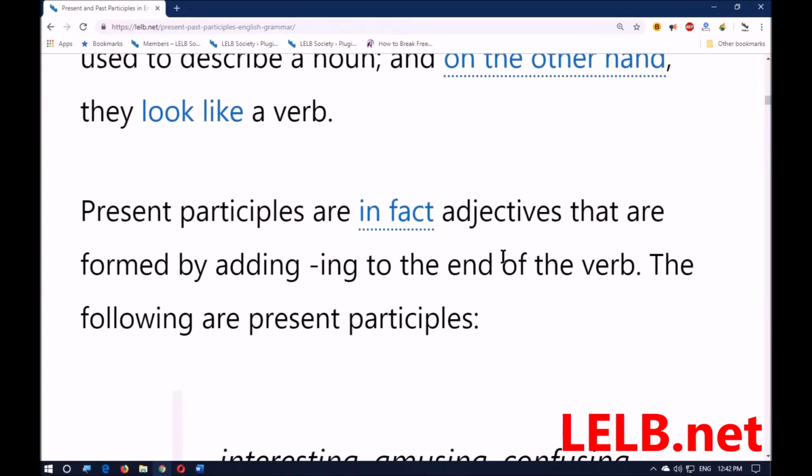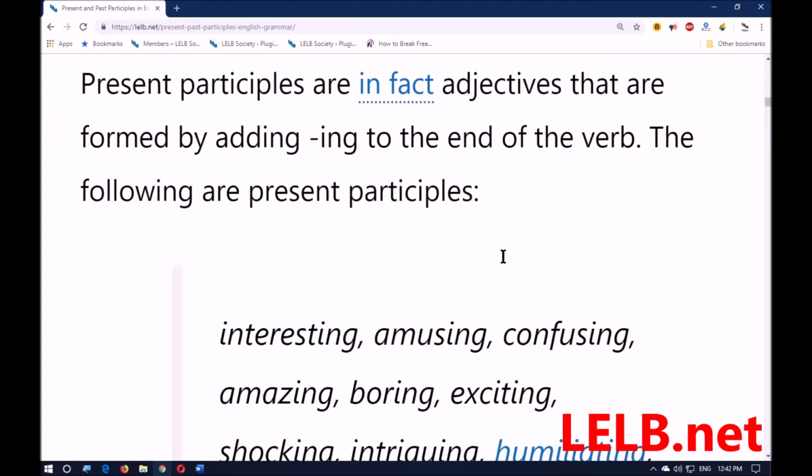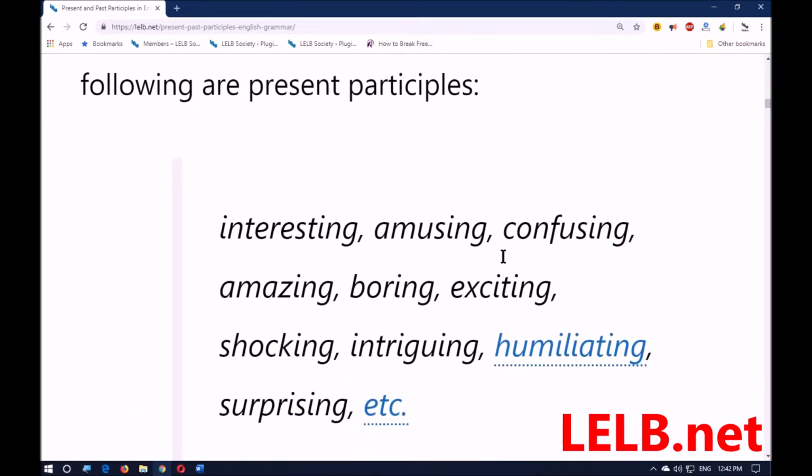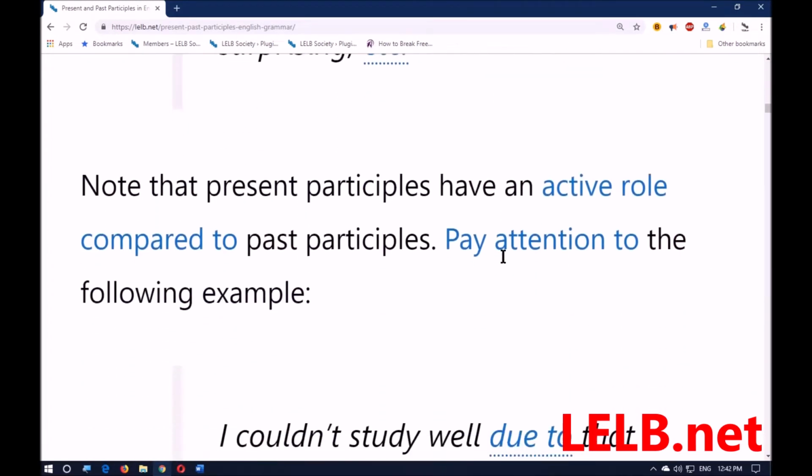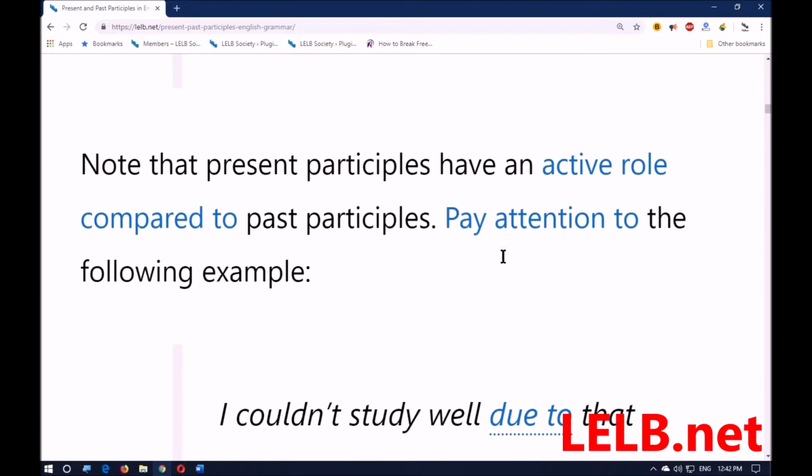The following are present participles, very common in English: interesting, amusing, confusing, amazing, boring, exciting, shocking, intriguing, humiliating, surprising, etc. Note that present participles have an active role compared to past participles. Pay attention to the following example.